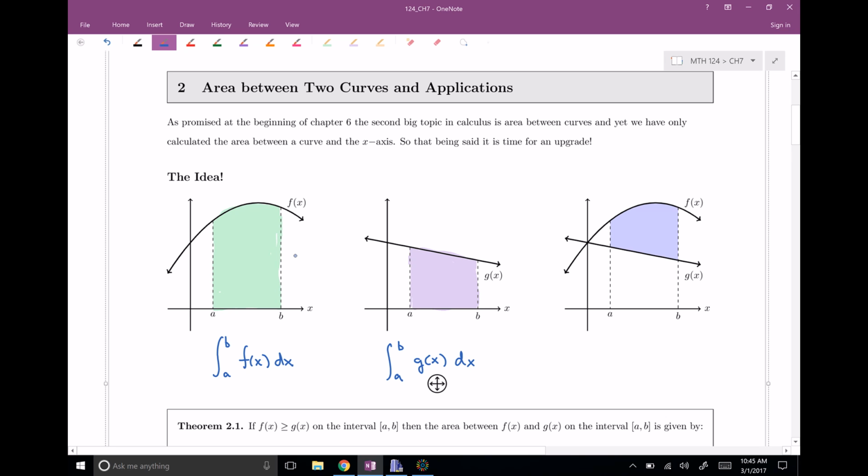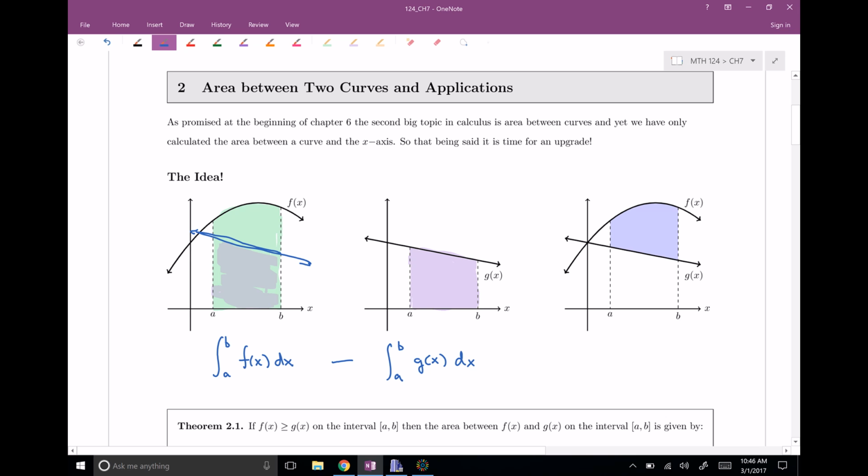If I sketch this g function right here, and very quickly sketch in this purple stuff, and subtract away this area, what would be left is just the region that I want, the area between f and g.